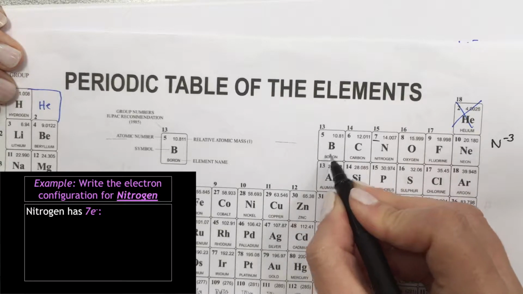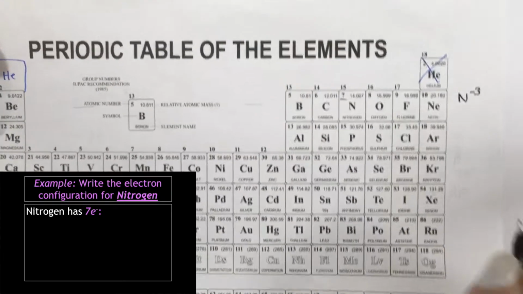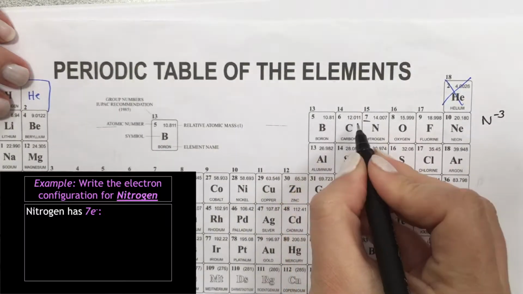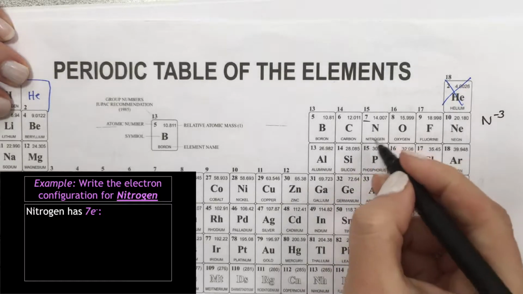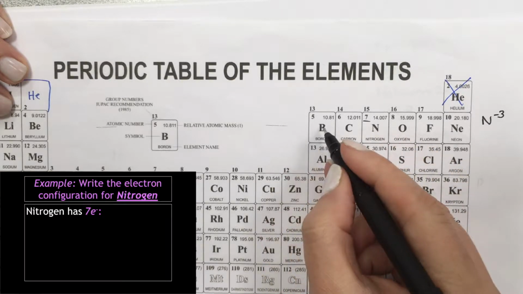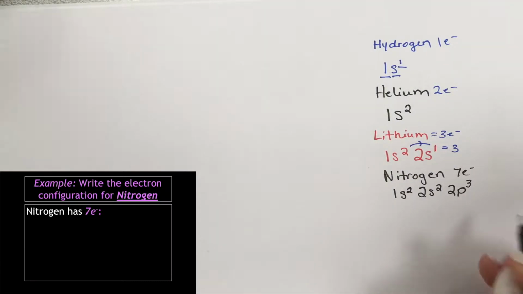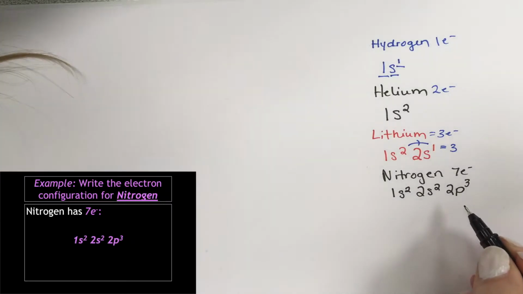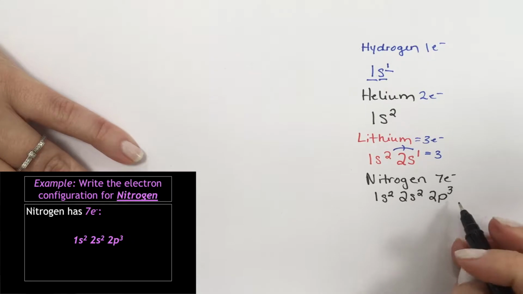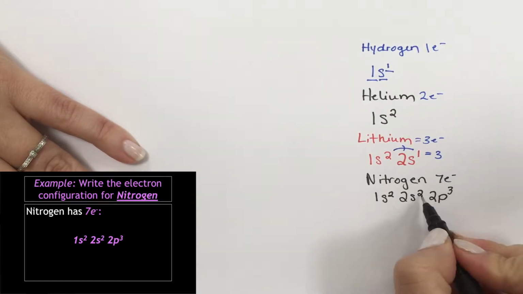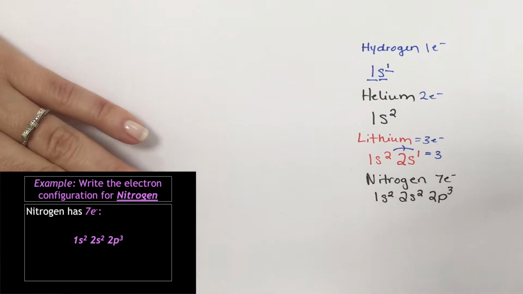So 2p, and we just count until we find the element we're going to: 1, 2, 3. So the superscript is going to be 3. This should be the electron configuration for nitrogen. Wow, I'm correct. If you want to check yourself, 3 plus 2 is 5, plus 2 is 7. So we did it correctly.